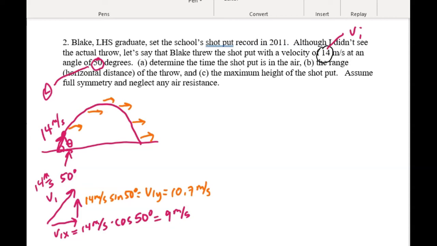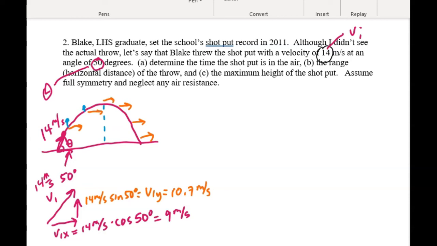So the shot put's going to start at that velocity. Let me turn colors again here. It's going to start at that velocity, but that velocity is going to get smaller as it goes up because it's in free fall upward. So gravity's pulling down on the shot put. At this apex, which is our bilateral apex line, we have motion up and then motion down.